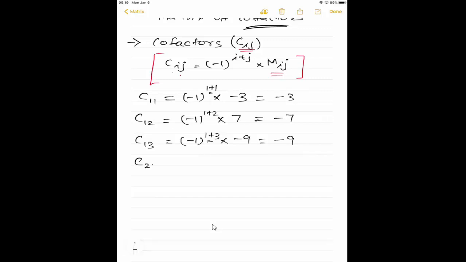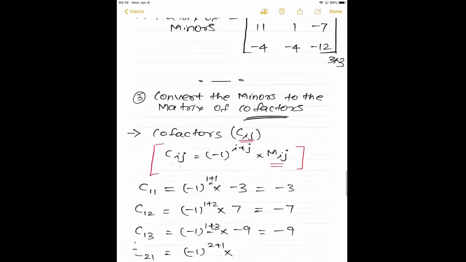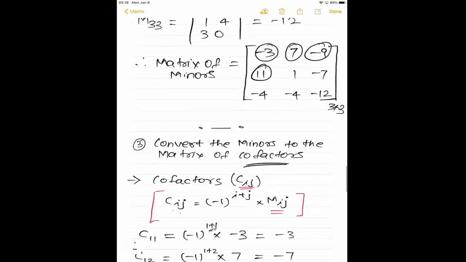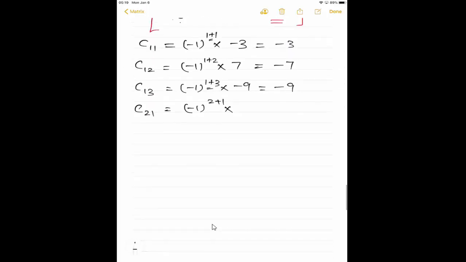Then C of second row first column, minus 1 power 2 plus 1 into the second row first column value, 11, which is equivalent to minus 11, because minus 1 power 3 is minus 1, into 11, it is minus 11.